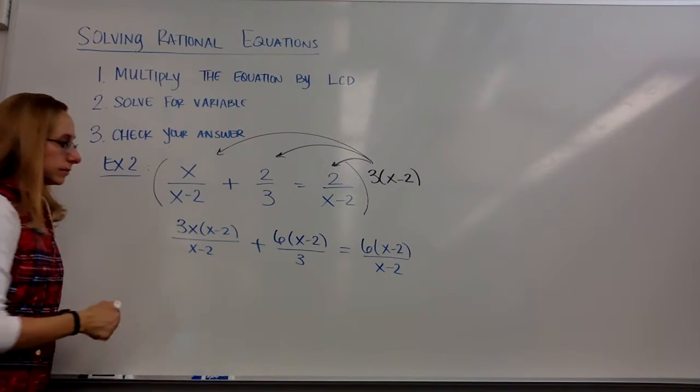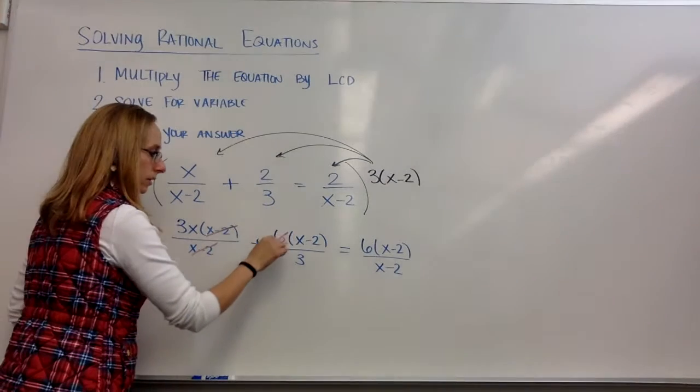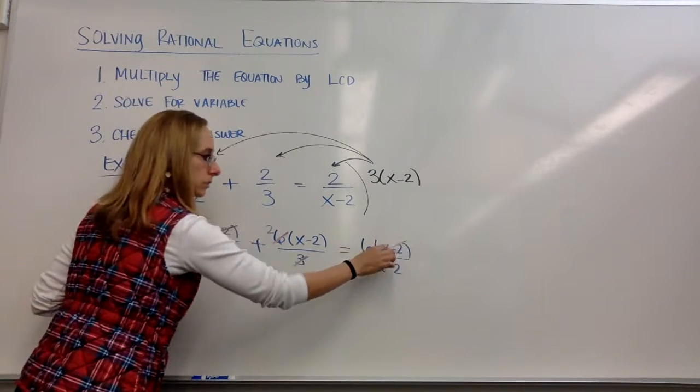Now we can reduce. x minus 2 cancels. 6 and the 3 become a 2. x minus 2 reduces as well.